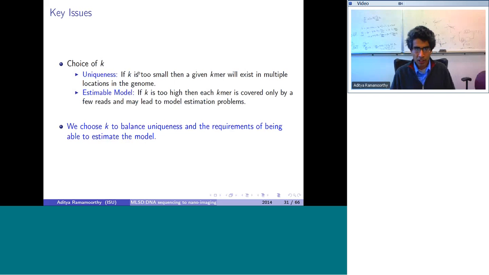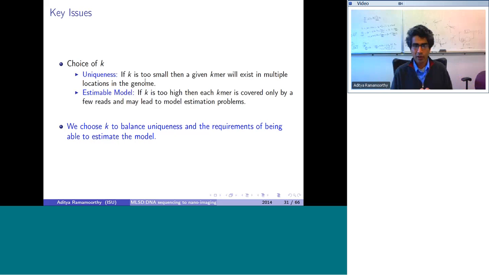Our overall goal is to choose k such that most k-mers occur in unique locations in the genome. If you have some idea of the genome length, you can choose a k accordingly. For example, something that is approximately logarithmic in G, or 100 times the length of the genome, logarithmic in G, is going to give you something approximately correct.